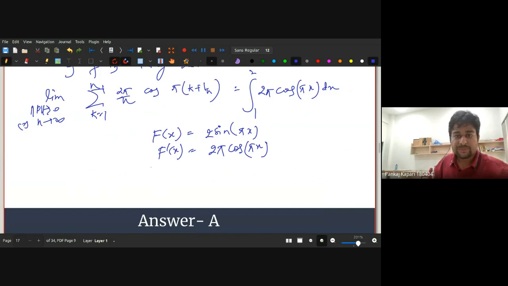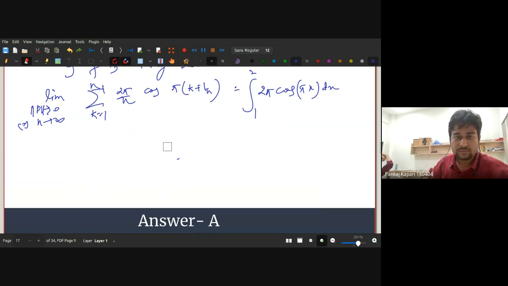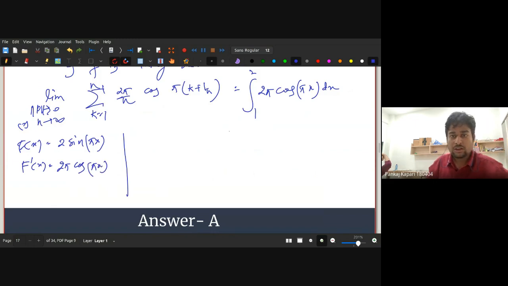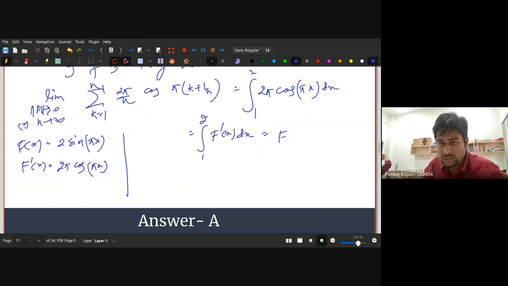That means that this limit must be the integral from 1 to 2 of F'(x) dx, and from the fundamental theorem of calculus, this will be just F(2) minus F(1).